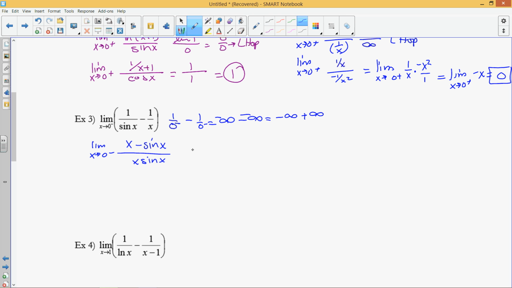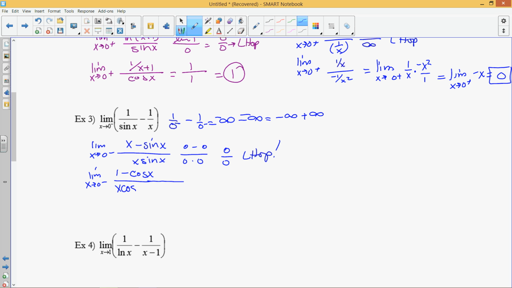Now let's see if this is a L'Hopital form here. I'd have 0 minus 0 over 0 times 0, which is 0 over 0. So yay, I get to use L'Hopital. So I'm going to take the limit as x approaches 0 from the left of the derivative of the top over the derivative of the bottom, which is a product rule.